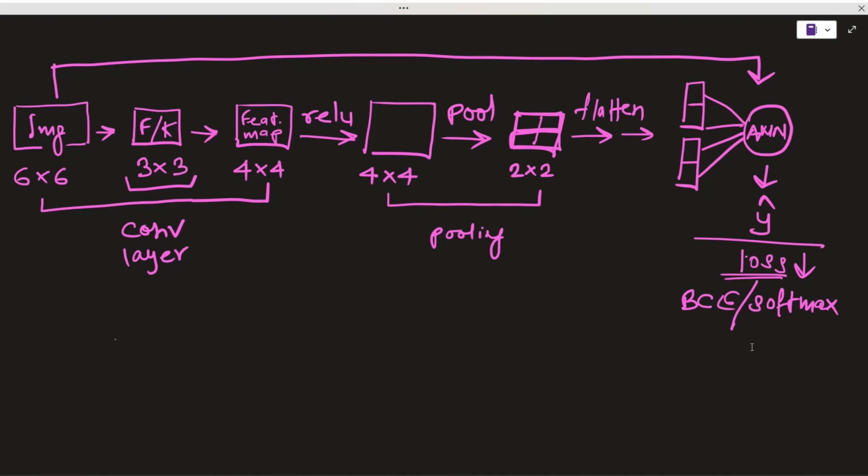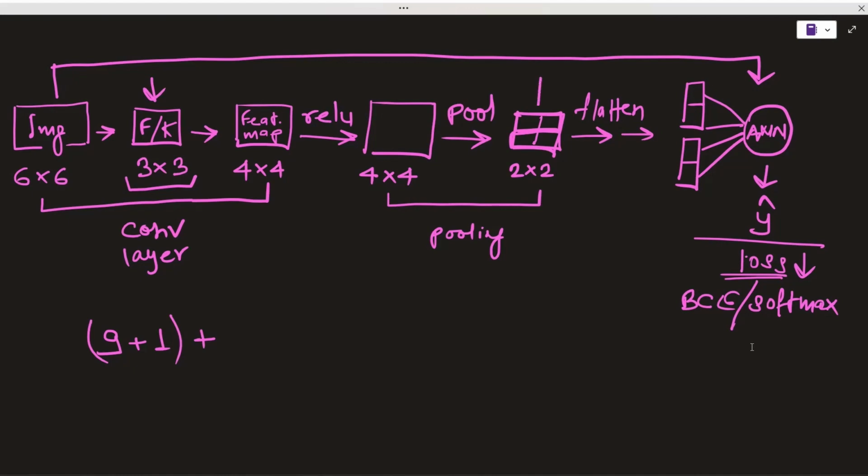So 3 by 3, which means 9 values that you need to adjust here. And plus this filter matrix will also have a bias value, a scalar value. Okay, so I'm taking that as well. So 9 plus 1.